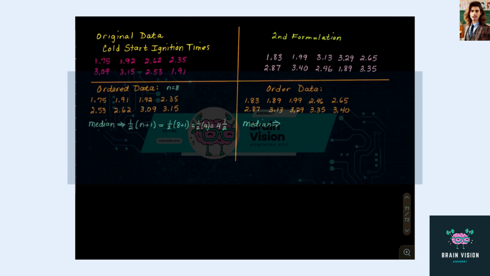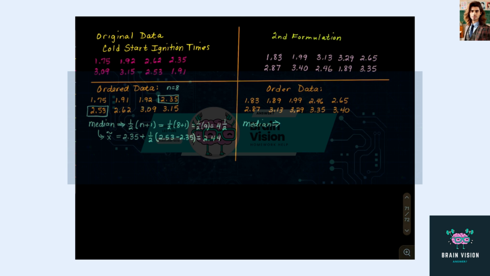So what that means is we are going to count to the 4th piece of data, which is 2.35, and then calculate halfway to the 5th piece of data. So we want the difference between those two values. And when you do that, you will get a median of 2.44.